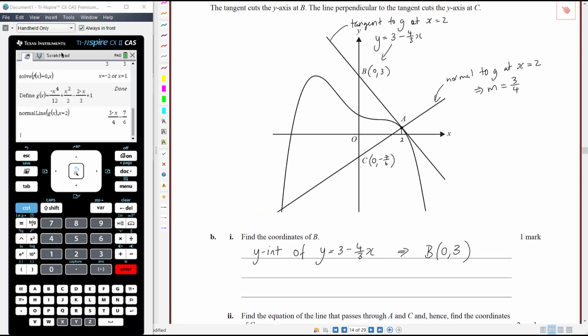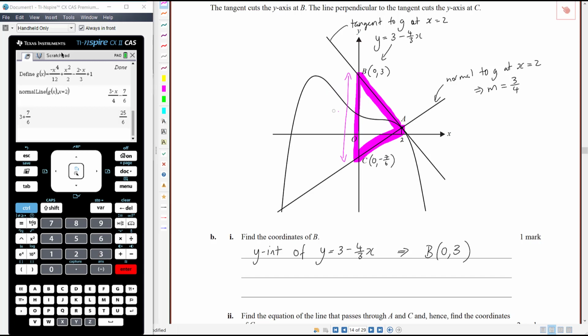Okay, so let's have a look at what we're dealing with here. So triangle ABC is this triangle here. We actually know this length here from B to C because we know the coordinates of B and C. So it's 7/6 that bit and it's 3 that bit, and so adding 3 onto 7/6 gives us 25/6. And we know that the perpendicular distance, the height of the triangle, is 2.